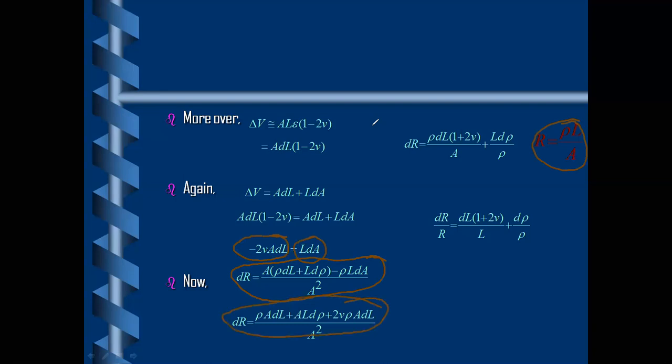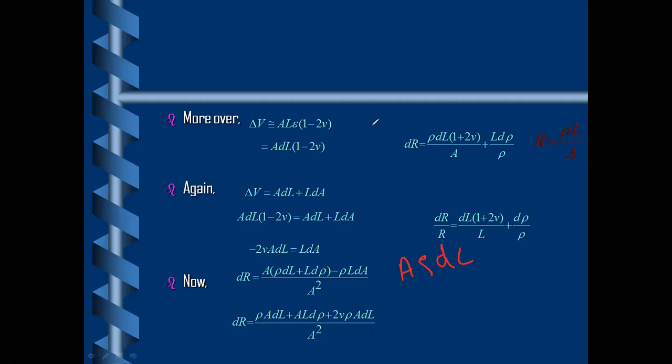I will just explain this aspect. So this A is multiplied inside, A rho dL, this particular part. Again, this A has been given, plus A L d rho. Here we have got these two terminologies.